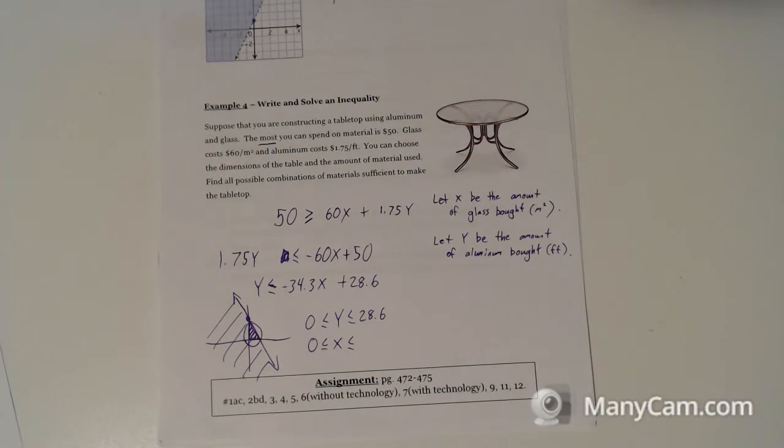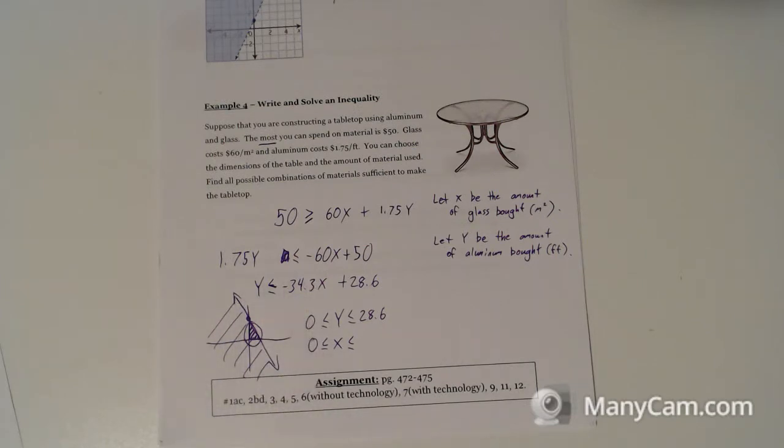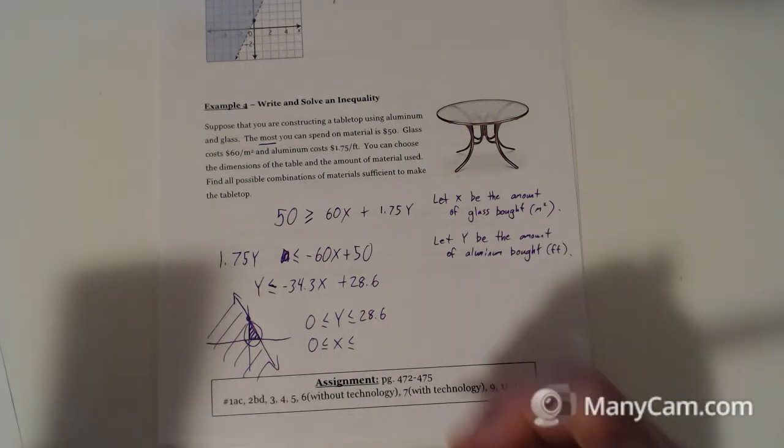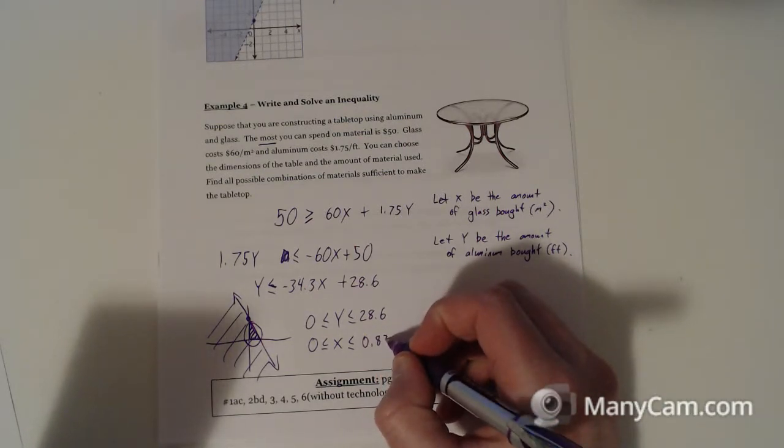So how would we find the x-intercept of this one? Well, we would set y equal to 0. So subtract that and divide by 34.3. So 28.6 divided by 34.3 is 0.83, roughly.